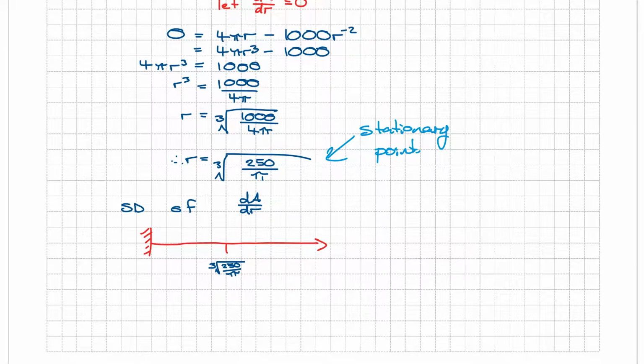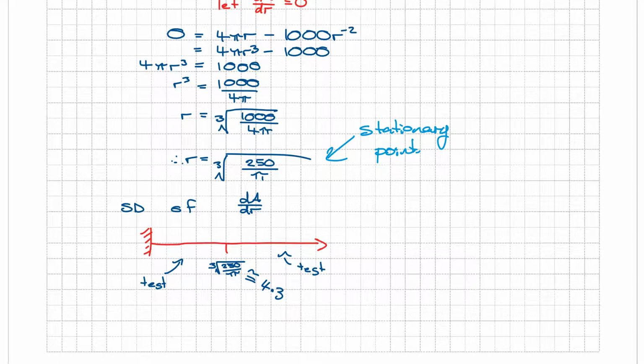Now the way in which we can do it is we need to test on this side and test on this side. If we evaluate the cube root of 250 over pi, it's roughly equal to 4.3.